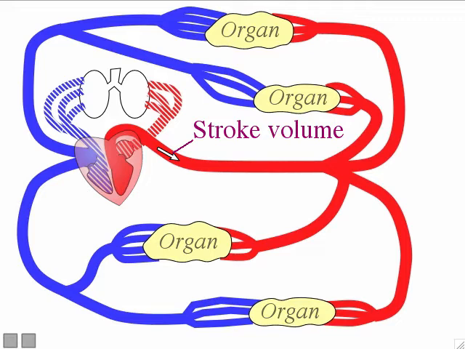For an average adult at rest, the stroke volume is about 70 milliliters of blood per beat. Now, how much is 70 milliliters? It's about a third of a cup of coffee. So that's their average resting stroke volume.